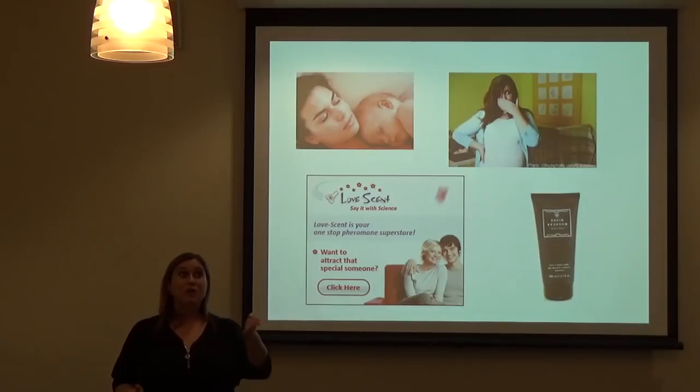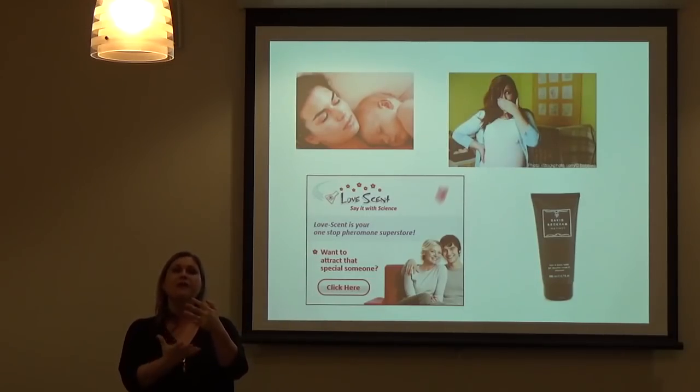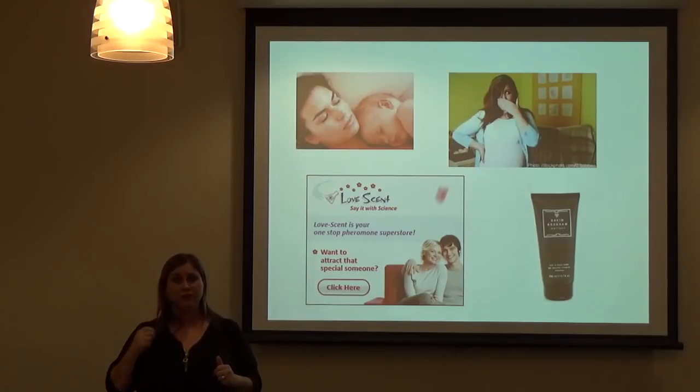And they tend to be not related to us because they have a very different set of genetics than we do. And the idea is that if you bring two people who have two very different immune systems together, then their offspring can have an even better immune system because they get the good, different stuff from each of the parents.